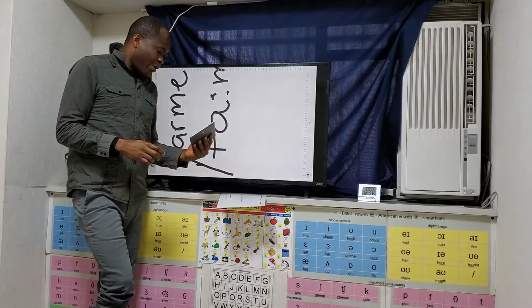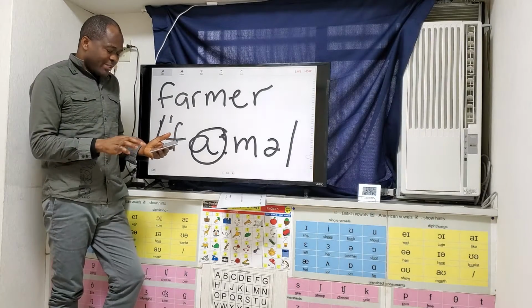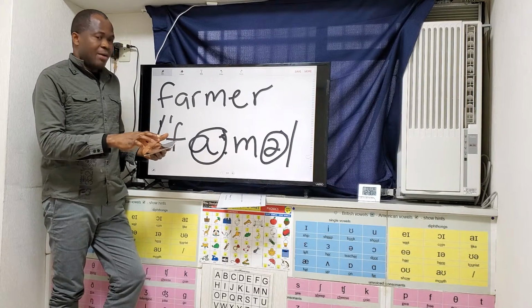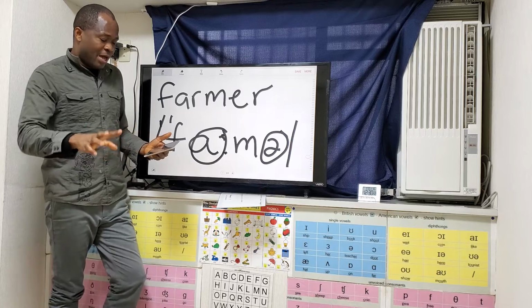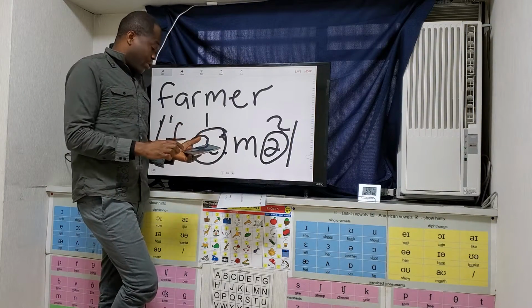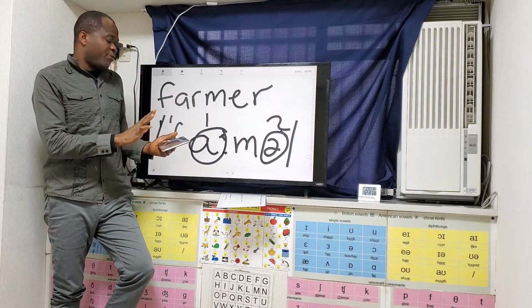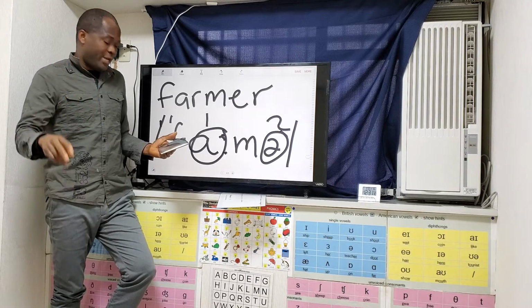We have our first vowel and a second vowel. So we have two syllables. This word farmer is a two-syllable word.